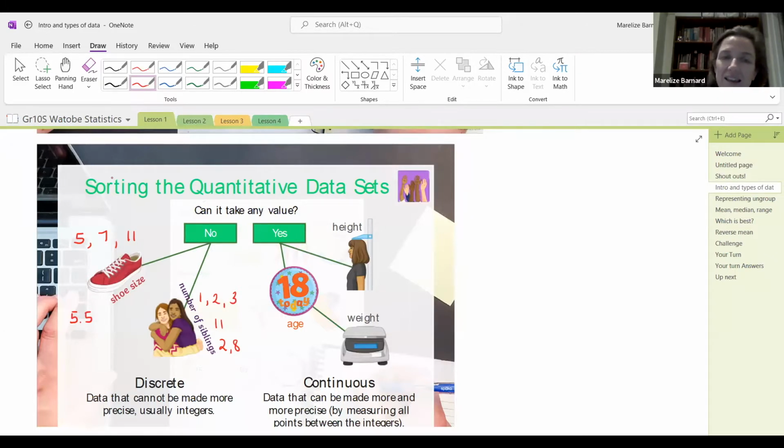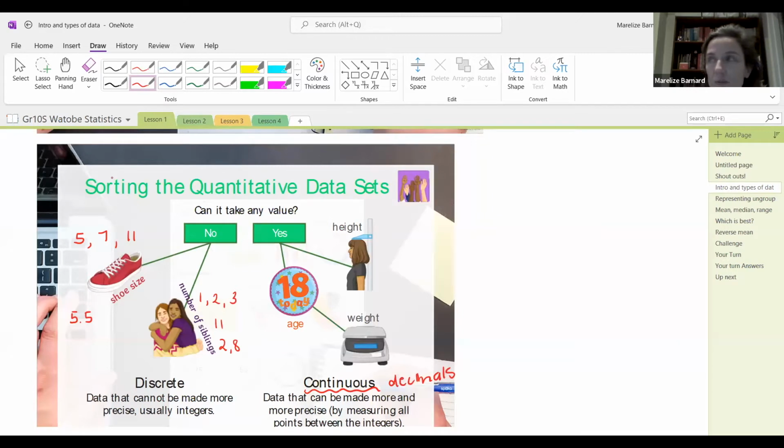And then on the other side of that is continuous data. Continuous data can be any number, and especially decimals. We can measure it with any numbers. Decimals, like think of weight. Weight can be measured in decimals.